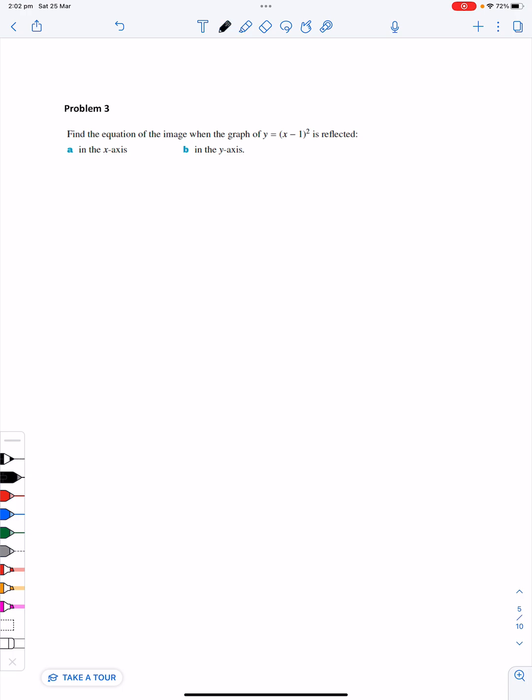So let's focus on part A. Reflected in the x-axis, that means that's a vertical reflection. We're flipping the graph upside down vertically. So I'm saying that y image equals negative y, or y equals negative y image.